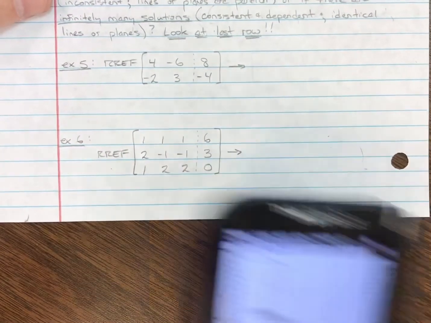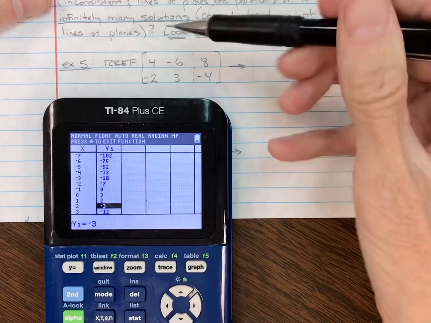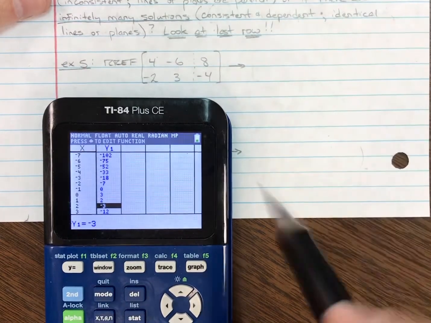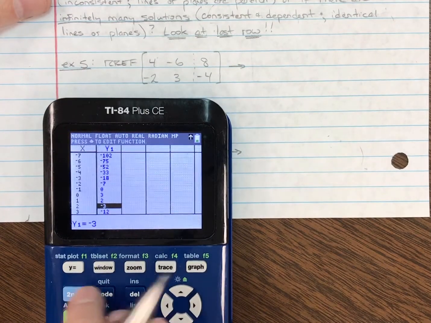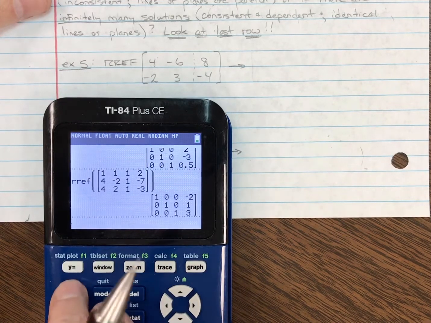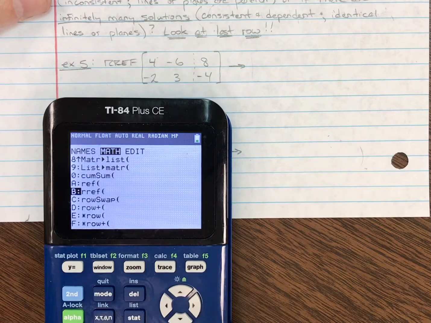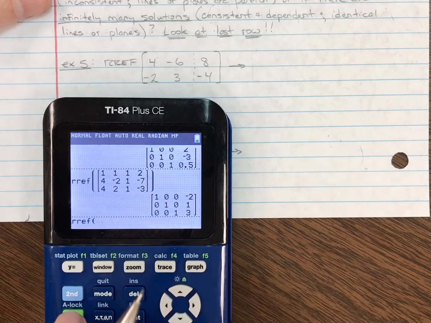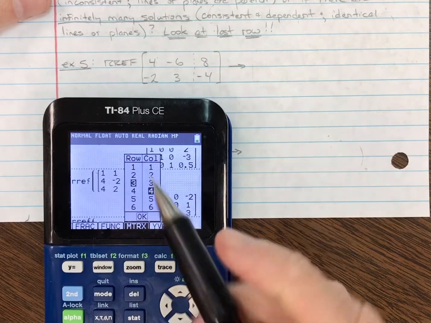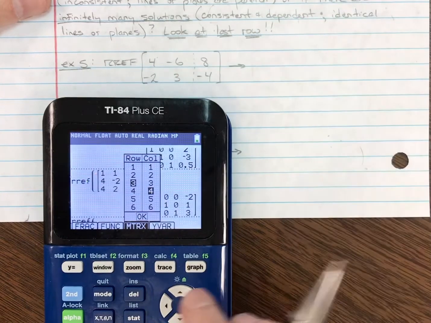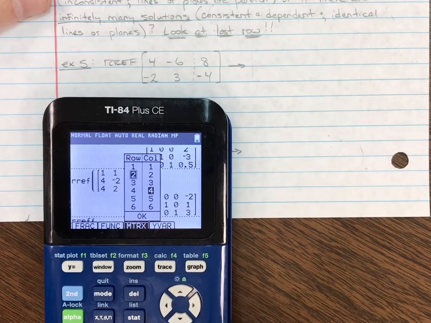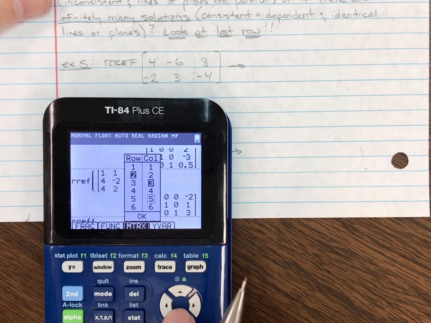So example 5 here, let's take a look at this system of 2 equations and 2 unknowns. Again, I'm going to go to my matrix menu, go to Math, and choose RREF. I'm going to go to my alpha F3 and make my matrix, which in this case is 2 by 3, so it's 2 rows by 3 columns.